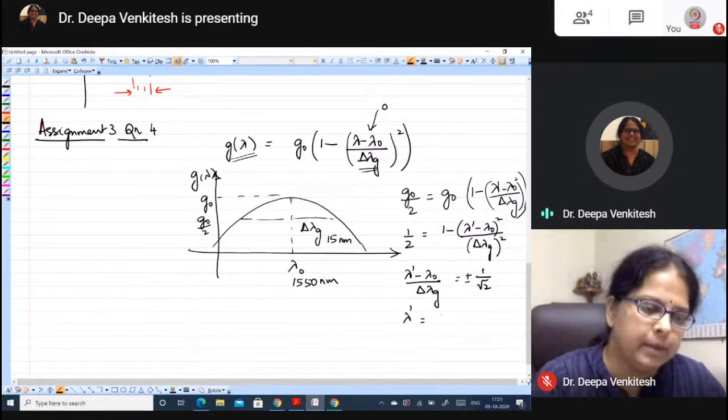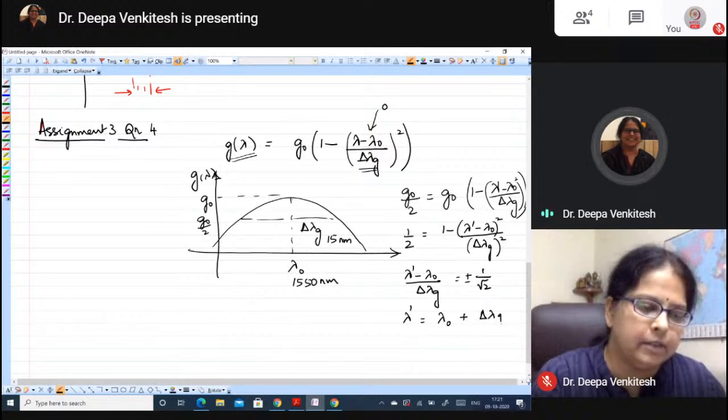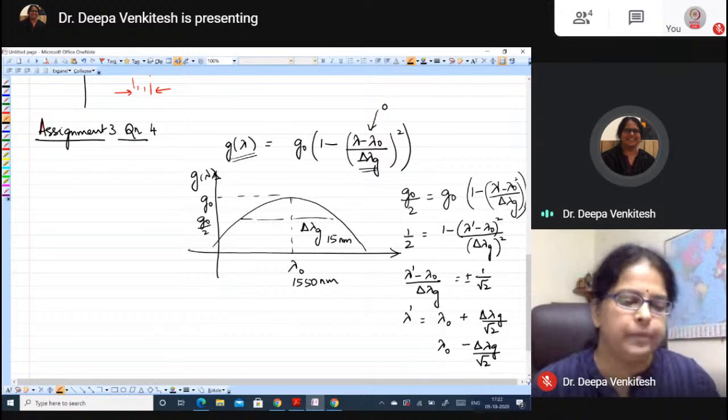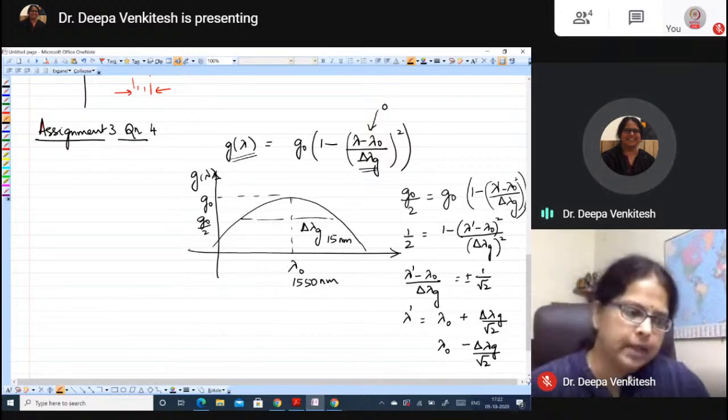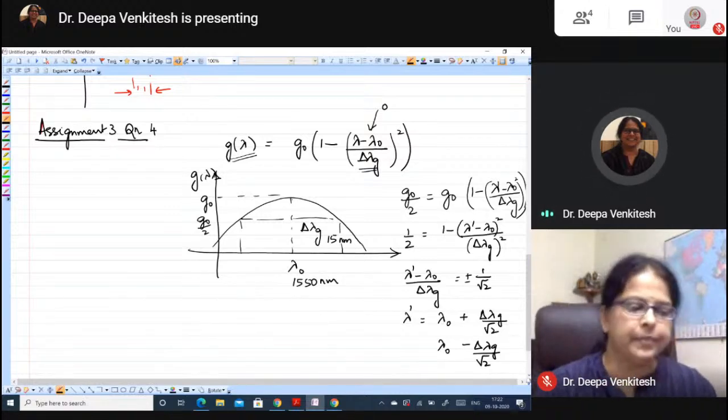So lambda prime is lambda naught plus delta lambda G divided by root 2, and there is one more lambda prime, which is lambda naught minus delta lambda G divided by root 2. So these are the lambda primes.